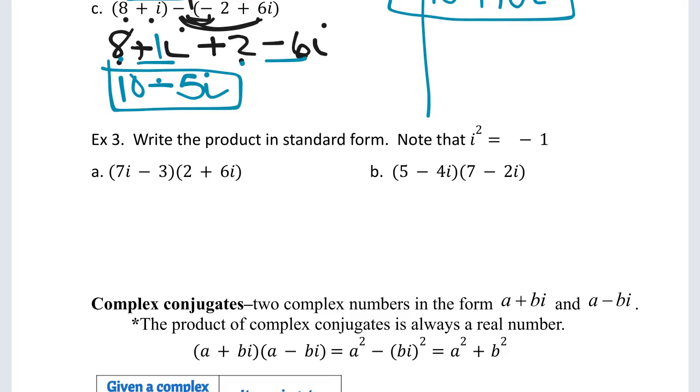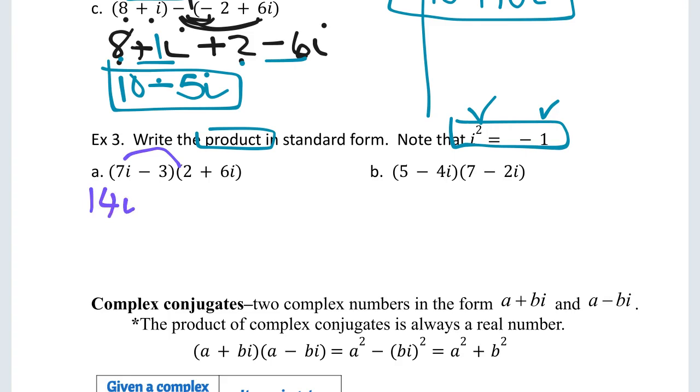Next part we will work on is product. Product is when we're multiplying two complex numbers together using distribution. Keep in mind that when i times i is i squared, replace with a negative 1 to simplify further. Let's do some examples. 7i times 2 is 14i. Then 7i times 6i is 42i squared. Negative 6.